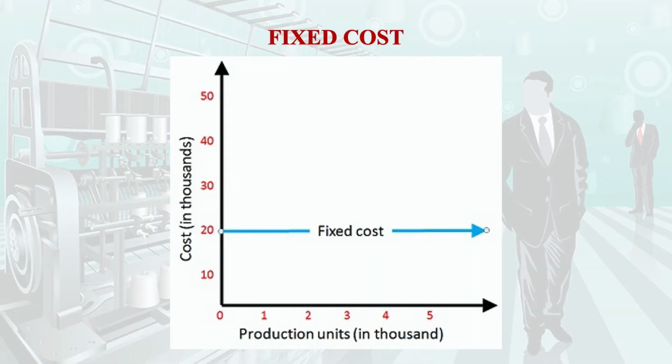Now, if you see the fixed cost graph, on the x-axis you have product units in thousands and the cost is on the y-axis, and you will find whether you are producing 1,000, 2,000, 3,000 or 4,000, the fixed cost remains the same. That is the beauty of this fixed cost. But sometimes fixed cost also steps up, which we will come to as step-up fixed cost.